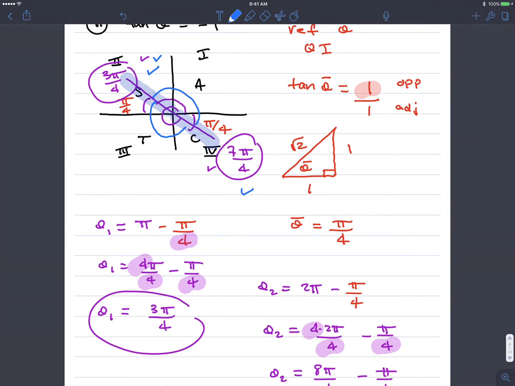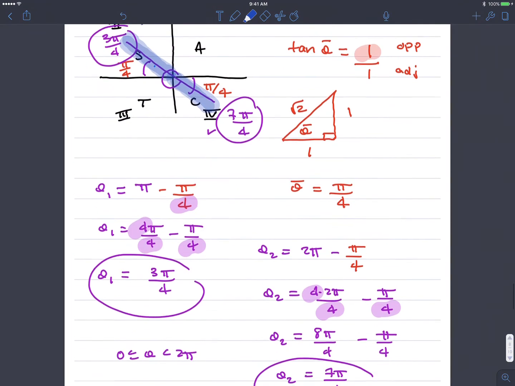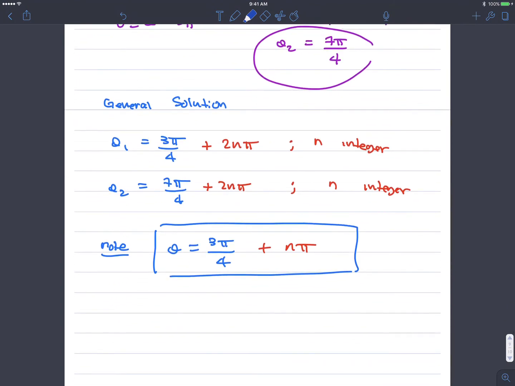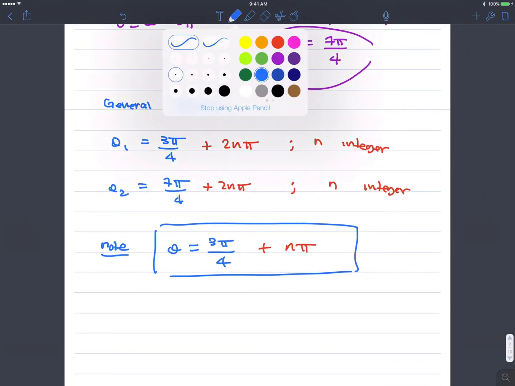What we're noticing here is simply that these solutions are supplemental. They're opposite one another in some ways. So that's why we just add the n pi here, and this is why we can say what we're saying. Let's make sure, though, n is a what?